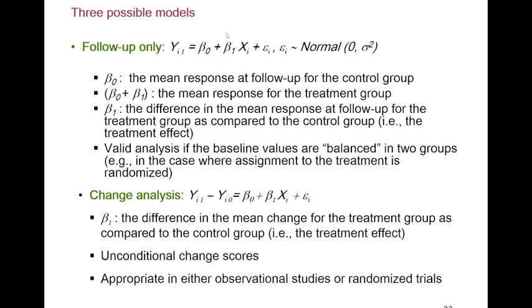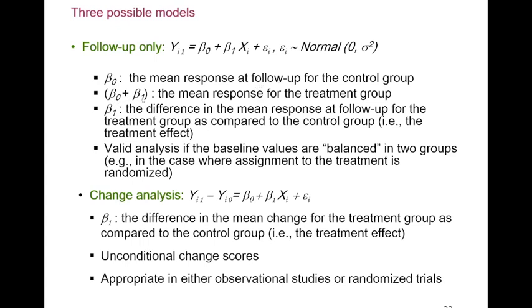With this model, you see that beta sub-zero represents the mean response at the follow-up for the control group. This is because I'm coding x as 0 for the control group. So when x equals 0, this term is gone, and with the error term, I get the expected value for the response at follow-up.